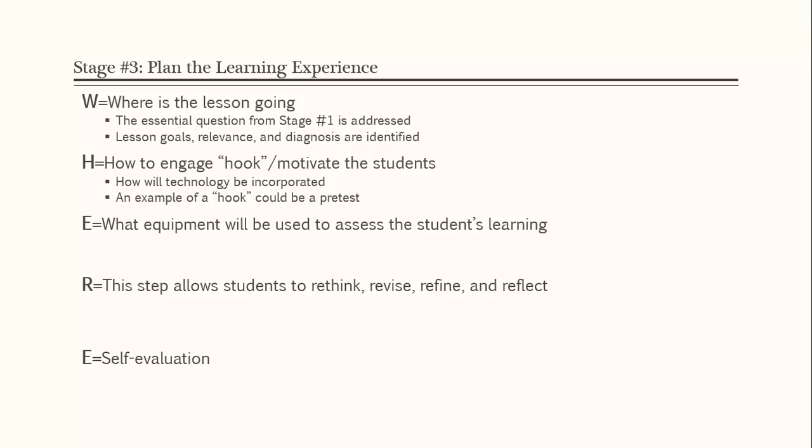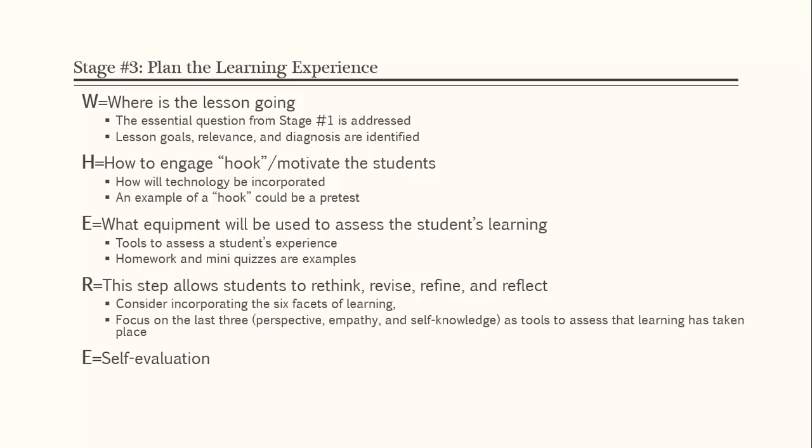E, what equipment will be used to assess the student's learning? Tools to assess a student's experience, homework, and mini quizzes are also examples. R, this step allows students to rethink, revise, refine, and reflect. This can be done by incorporating the 6 facets of learning, focusing on the last 3, perspective, empathy, and self-knowledge, as tools to assess that learning has taken place.